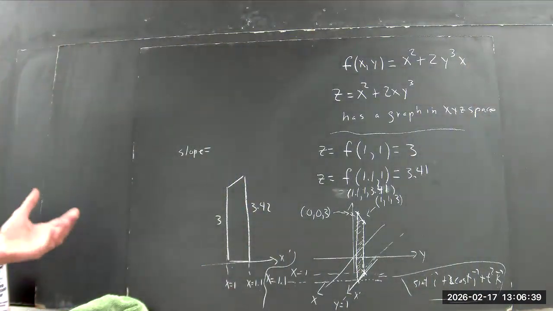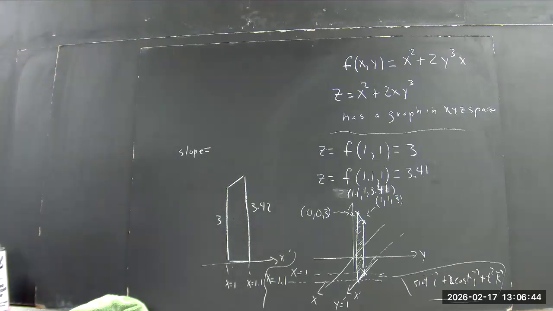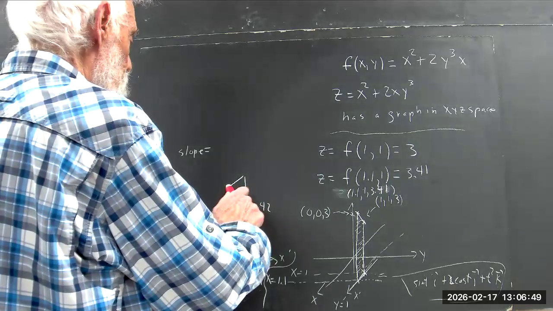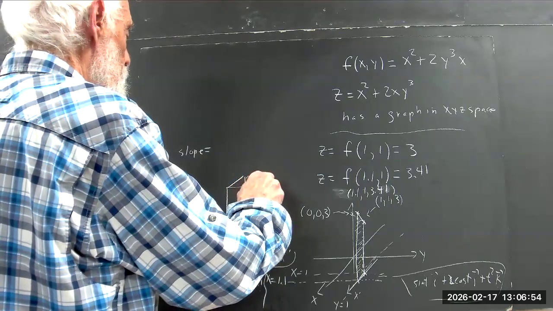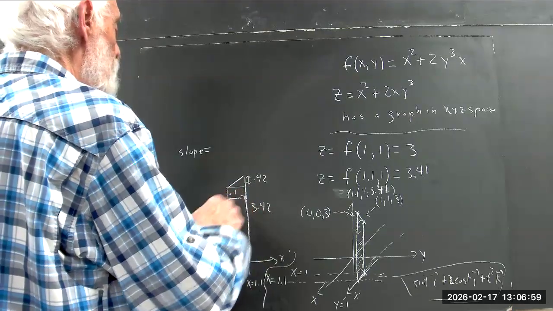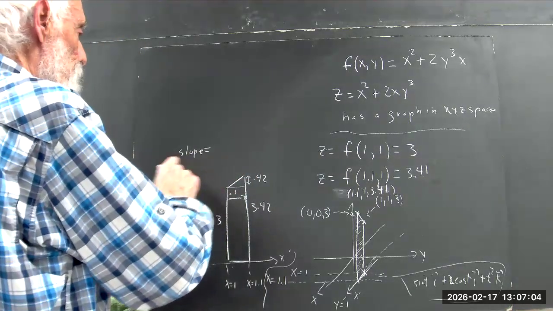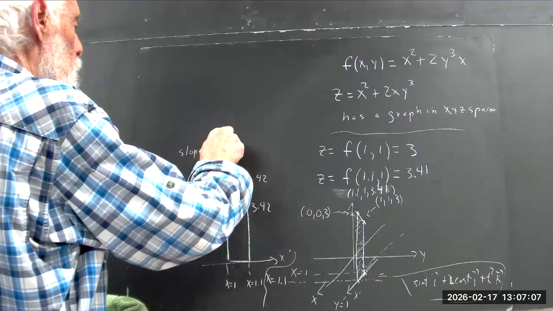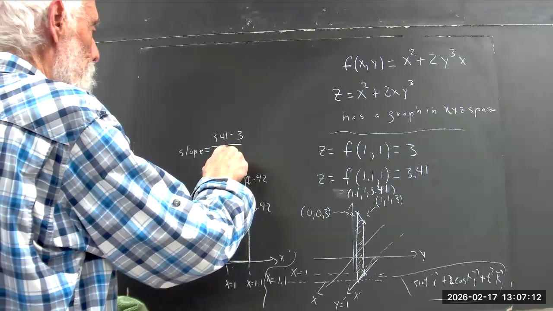Okay, the answer I got, this verbal answer, was 1/4.42, and you had the right numbers. It's rise divided by run, so the rise is like 0.42. Now, this isn't to scale, obviously, but rise over run, slope is, and I'll write it out, it's 3.41 minus 3 over 0.1.